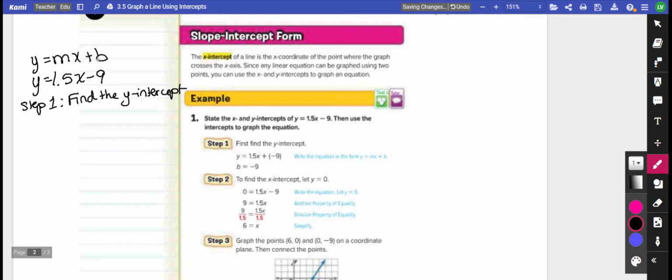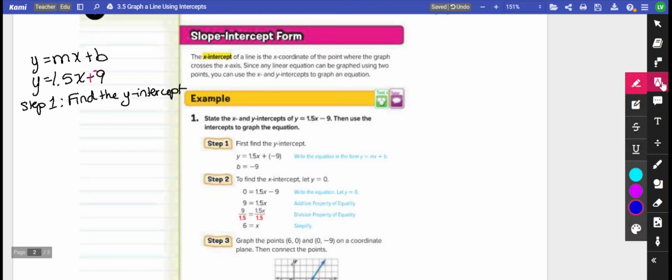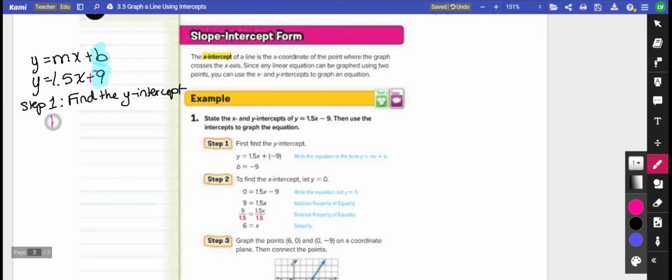Again, we learned this in the last section. So if I change this to adding a negative, I want to focus on what my b value is. In this case, it's going to be negative 9. So my b equals negative 9.